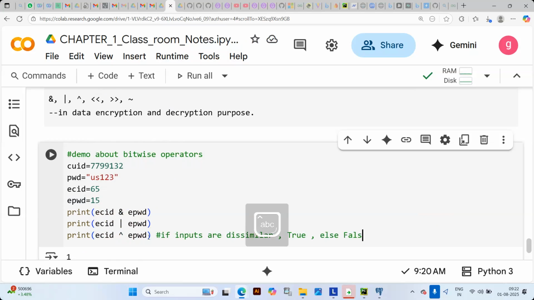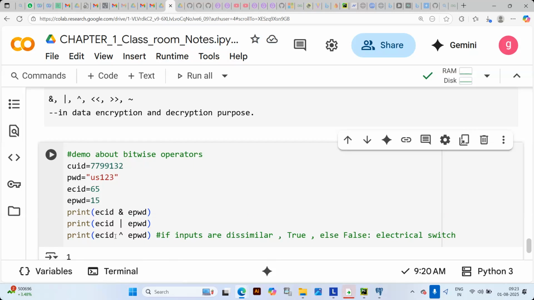This is the behavior of the bitwise exclusive OR, like an electrical switch. In an electrical switch, if positive and negative meet, the bulb is enabled; otherwise the bulb is not enabled. That's how the bitwise exclusive operator behaves.